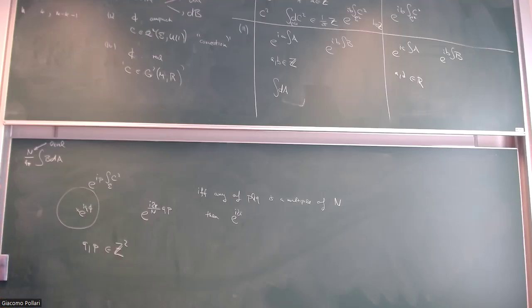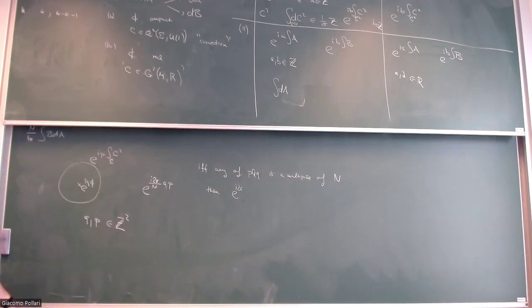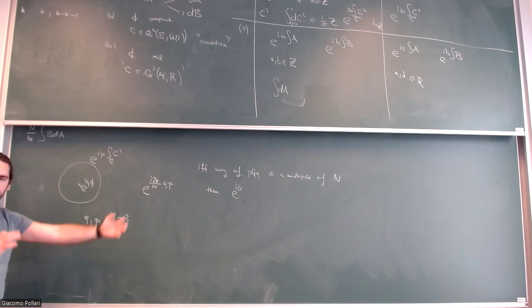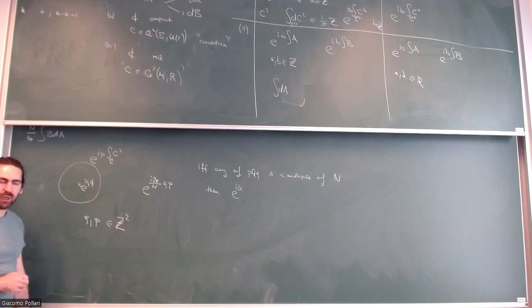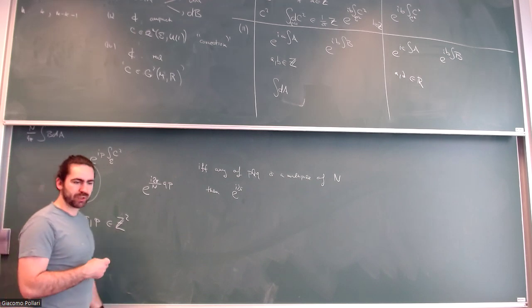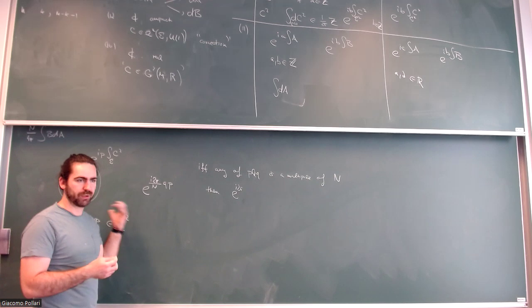Sure, but yes, I want to make a point that anytime I have one of them in n times Z, that's a special case. Regardless of what the other one is, this correlator will not affect my entire correlation function, right? And we call such operators transparent, for obvious reasons.